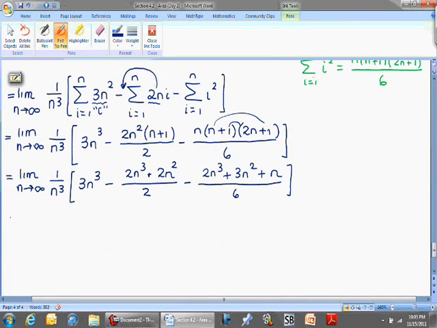And then in one more step, to see what this limit result's going to be, I'm going to get a common denominator. And it's probably clear that this common denominator will be a 6, which means we would have to multiply the 3n cubed by a 6, giving us 18n cubed.